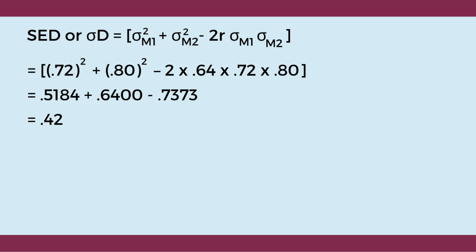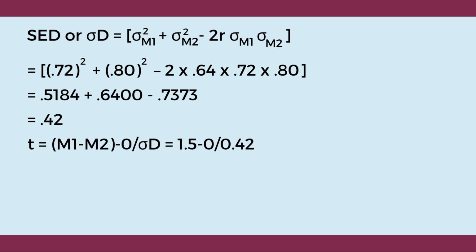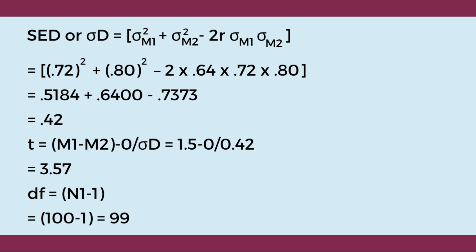When we put the value of the SED into the formula, we get (M1 minus M2 minus 0) upon SED, that is equal to 1.5 upon 0.42, and t is equal to 3.57. The degree of freedom for this method will be N minus 1, that is equivalent to 99.